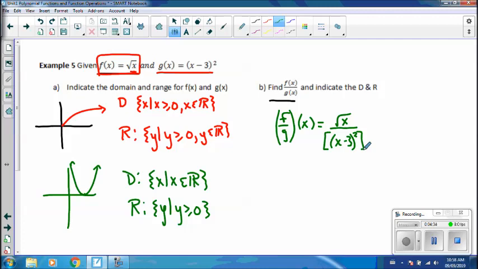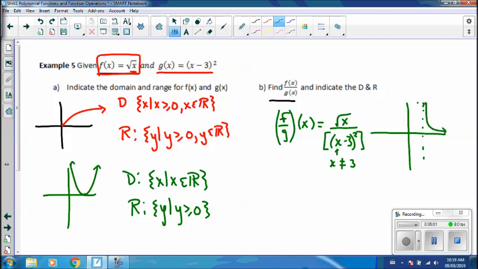And where are we? What does our graph look like? So if I graph that, I end up with a vertical asymptote. Again, we can see x cannot equal 3, right? If I put 3 in here, then I'd be in trouble. I'd be dividing by 0.